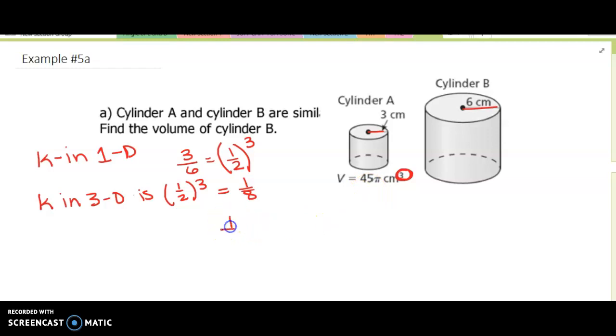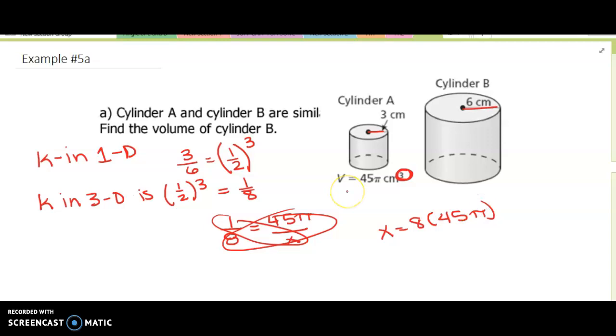So I can say 1 is to 8 as 45 pi is to x. So x equals 8 times 45 pi. And 8 times 45 is 360. And that's centimeters cubed.